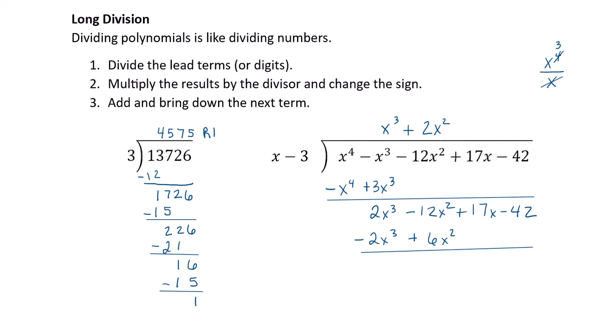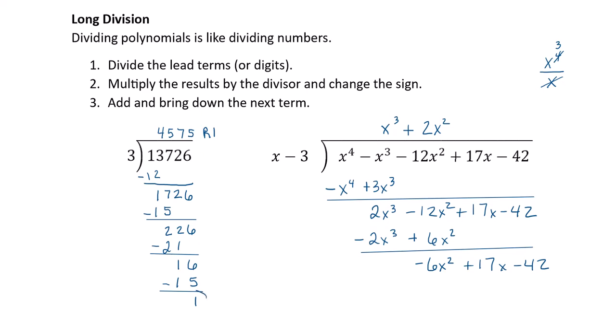2x cubed and negative 2x cubed cancel out. I have negative 12x squared plus 6x squared is negative 6x squared, plus my 17x minus 42 that I carry down. You notice from over here, once we get to here, we are finished.